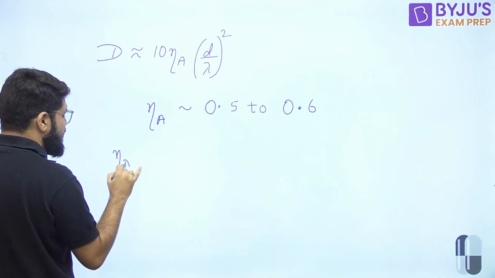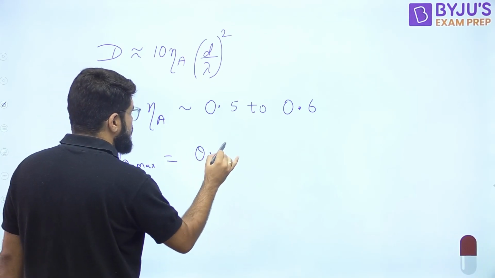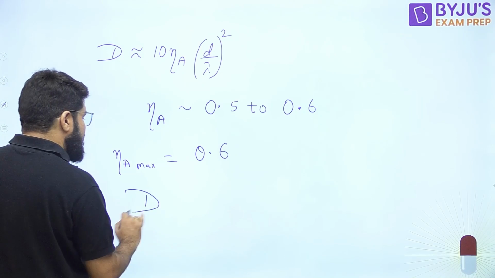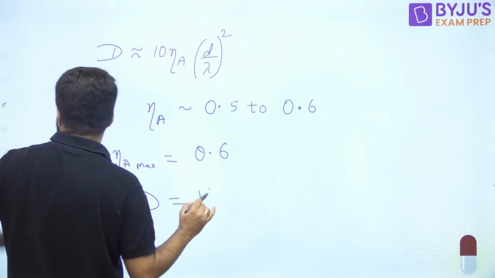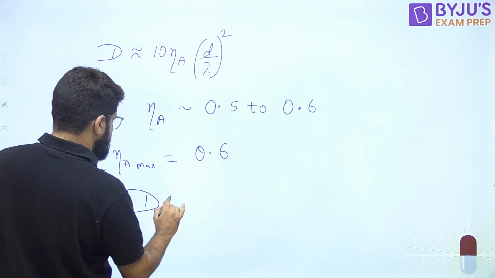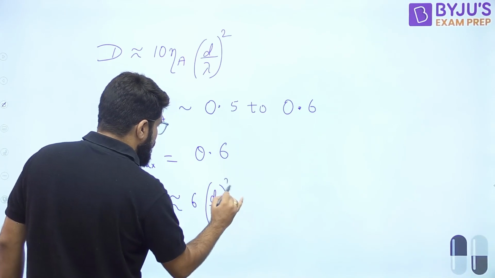So even if I'm considering the max value of 0.6, the parabolic reflector designed at its maximum efficiency is going to have a gain equal to 10 into 0.6, that becomes 6 d by lambda whole square.